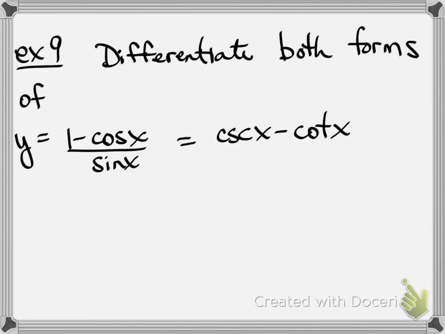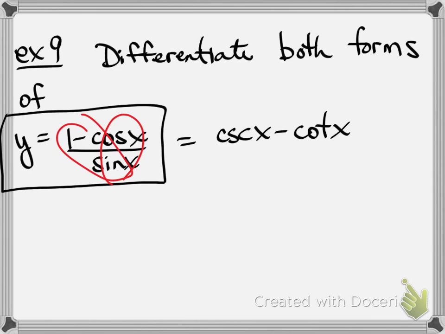Okay. So this first form, probably going to see that as a quotient. I could get fancy with trig identities and say, I love math, and rewrite it as 1 over sine x minus cosine x over sine x.